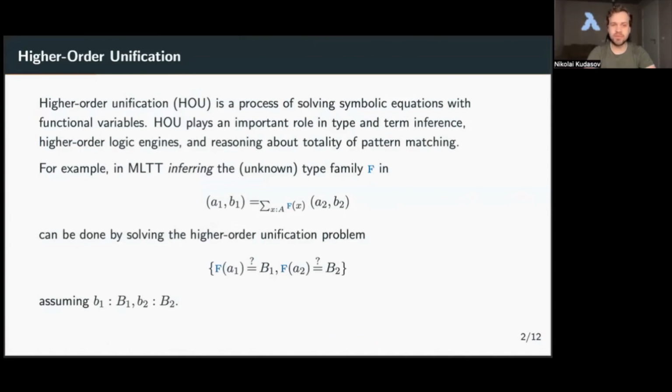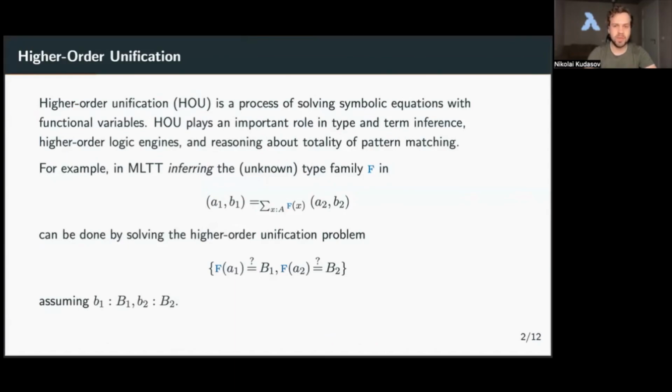As a simple example of its use in a dependent type checker, consider an identity type for two pairs. Now, since the identity type in Martin-Löf type theory is well formed, while the types of both pairs must be the same, we have to check or infer and unify the types on both sides.